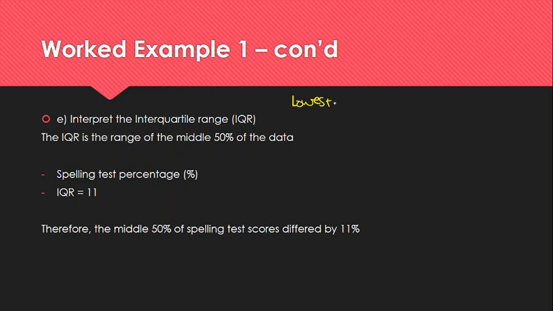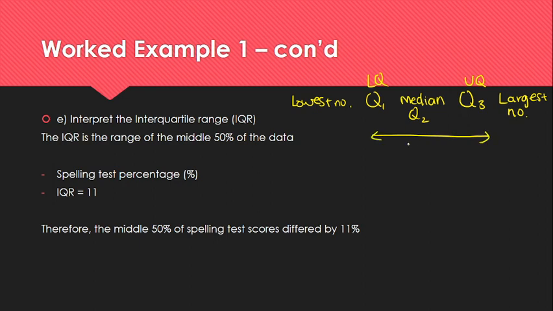Then you've got Q1, then your median, which is also known as Q2, but I haven't been using that. Then you've got your upper quartile. Then you've got your largest number up here. So the interquartile range is literally between Q1 and Q3.